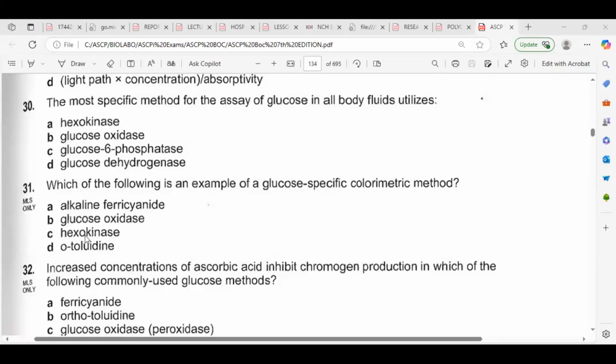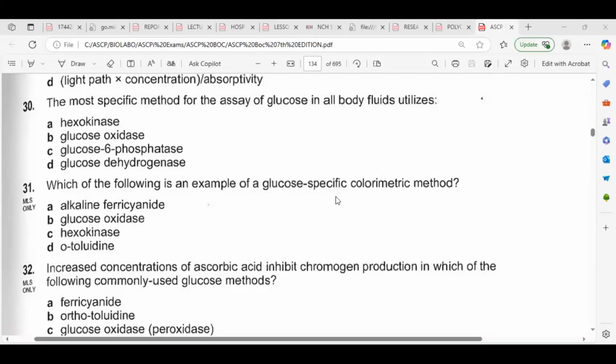Even if you expose hexokinase to fructose or galactose, all of them will be phosphorylated, because hexokinase does not oxidize, but it phosphorylates. Then the product will be oxidized.